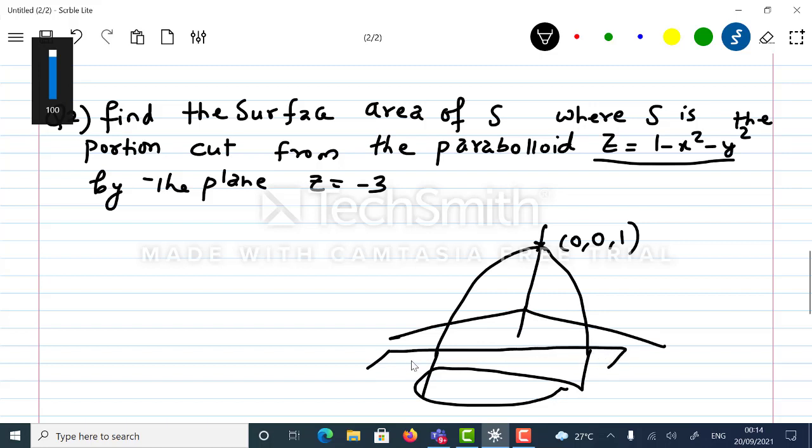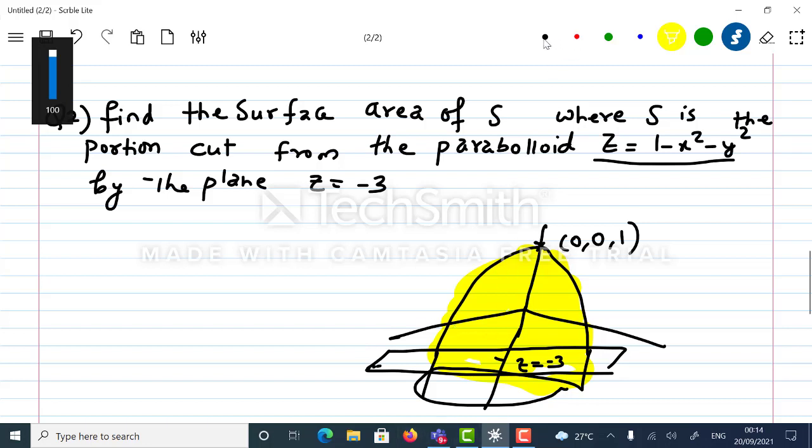So the surface which we have is as follows, this inverted cup, like a tea cup if you turn it upside down, it will be on this side. So that surface integral we have to find out.